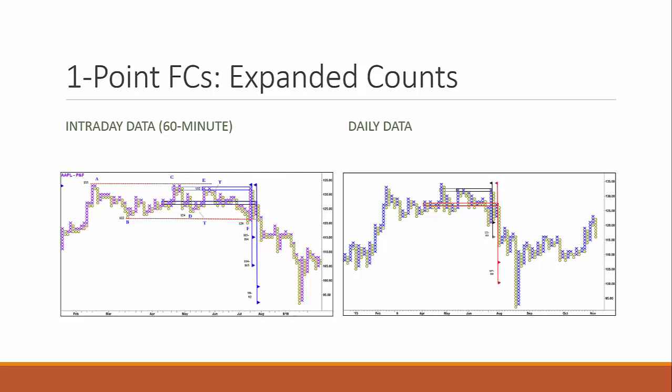So you can see that with both the expanded counts, the 1-point figure chart built from the 60-minute data, this is the 60-minute chart right here, accurately predicted the extent of the down move. The 1-point figure chart built from daily data, however, was not as accurate. It fell short in its projections.